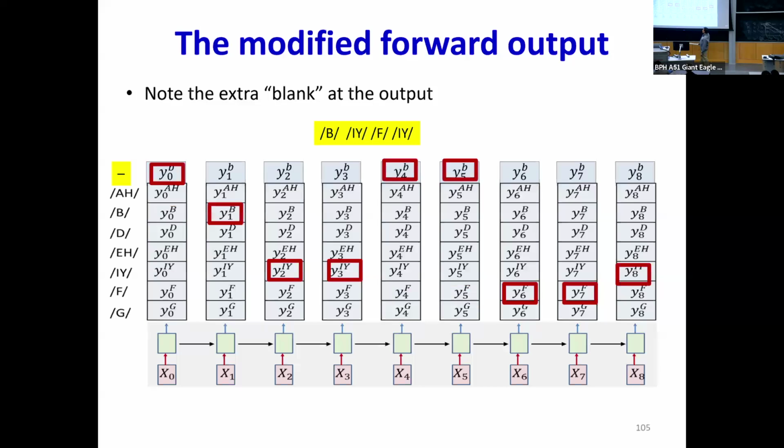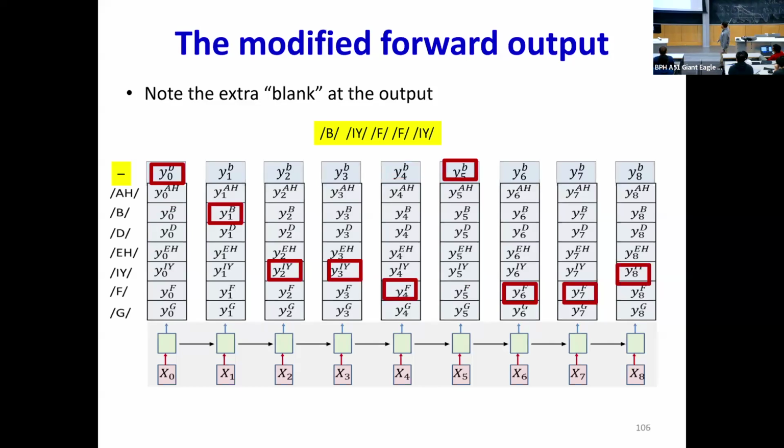But suppose the most likely symbols were these. Then what does this become over here? It's going to be B. This is still B phi, right?